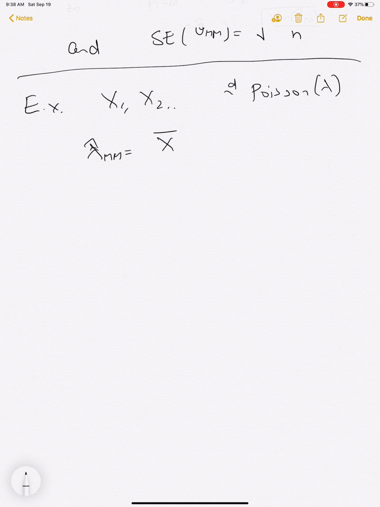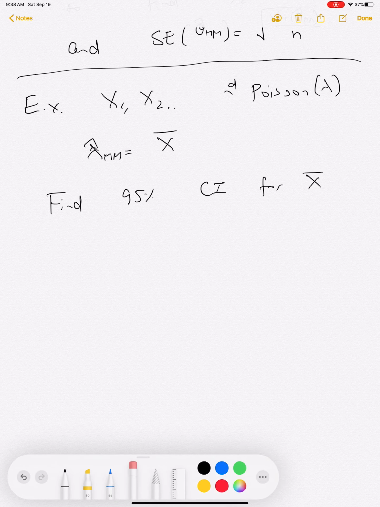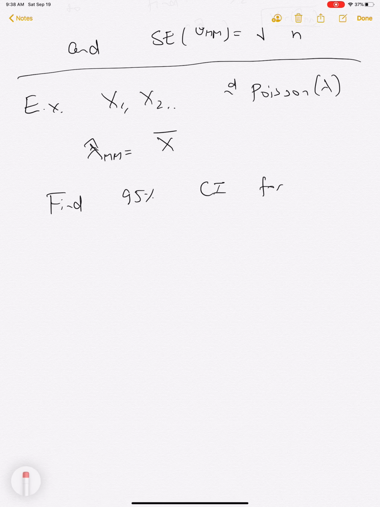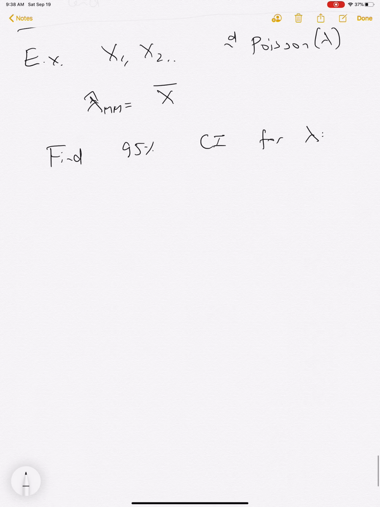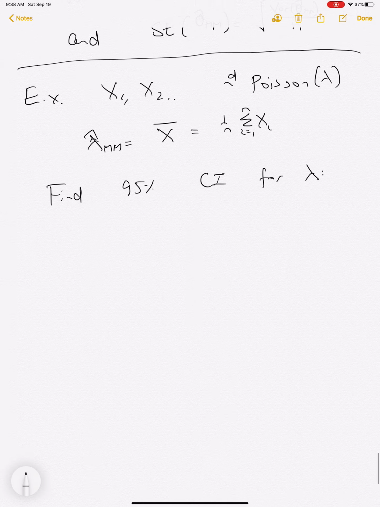And then if we want to find 95% confidence intervals for lambda, we know that lambda hat mm equals x bar, which is 1 over n times the sum of the xi.